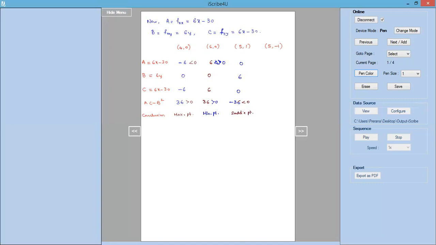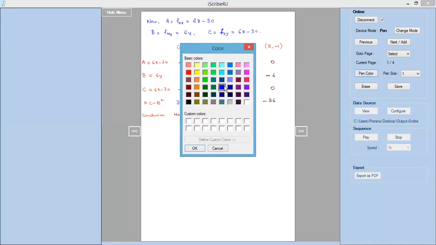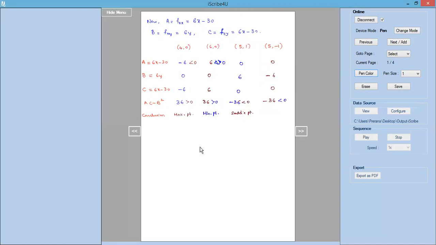And finally, one last point, 5, minus 1, we are evaluating these values. It will be respectively 0, minus 6, 0, minus 36. Again, minus 36 is a negative value. So we conclude that particular point is a saddle point, because AC minus B square was negative. So we obtained 2 saddle points, and then we have 2 points as the maximum point and the minimum point.